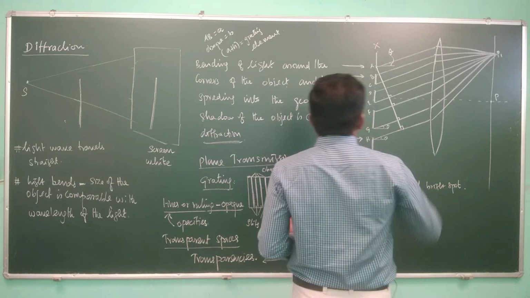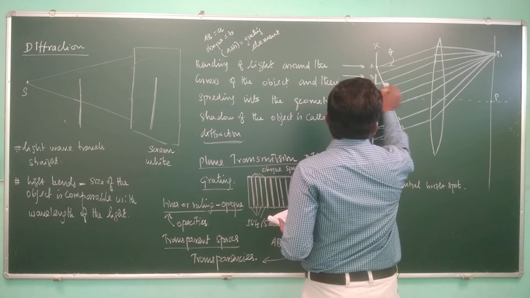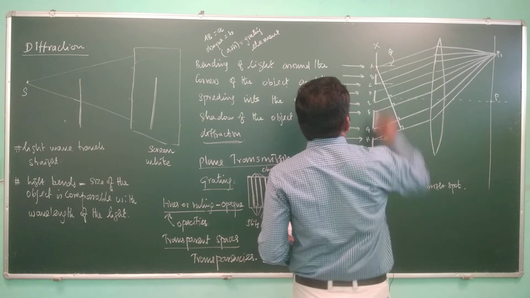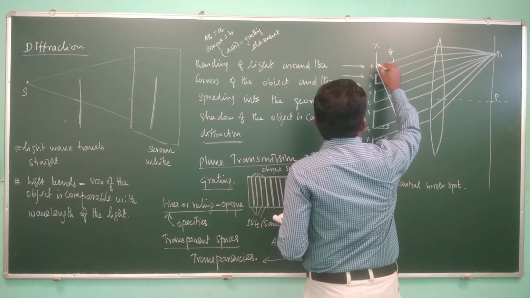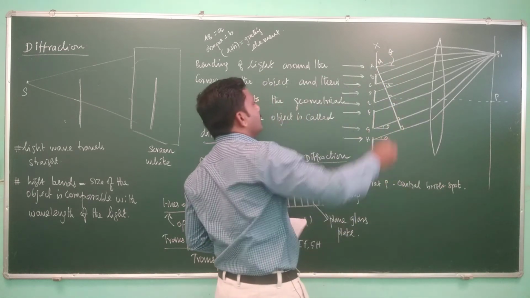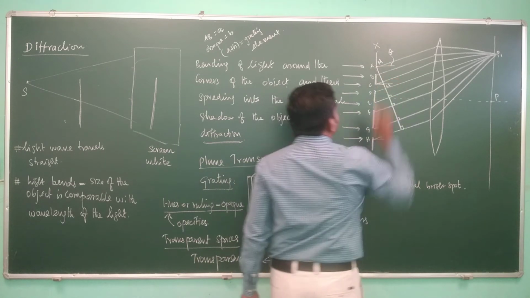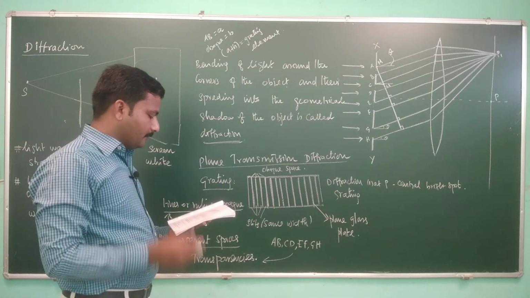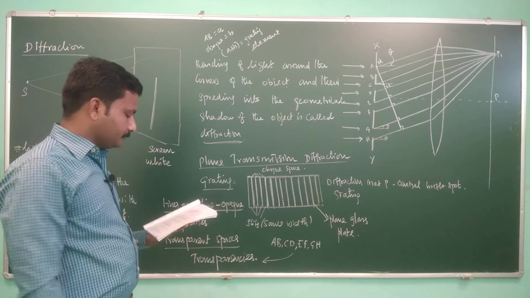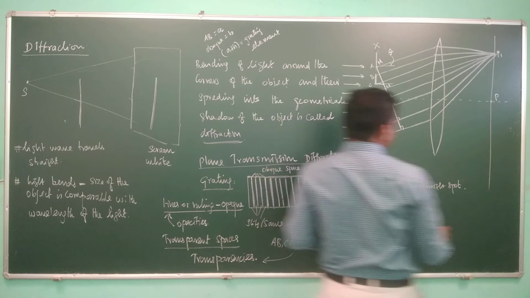Now let us consider one grating element ABC. Let's draw a straight line. Here let us write MN, where M is this point and N is the point here. Now we can take this triangle out.